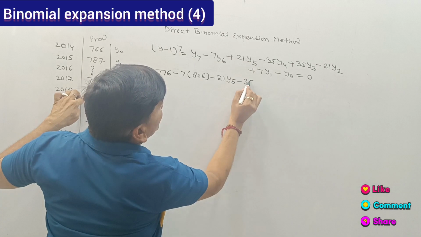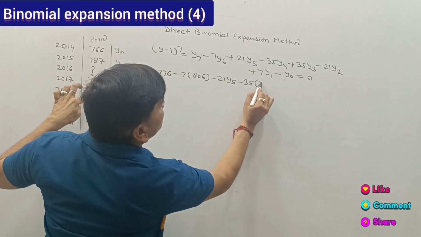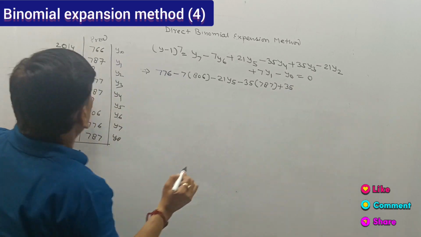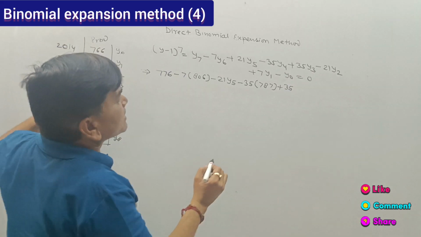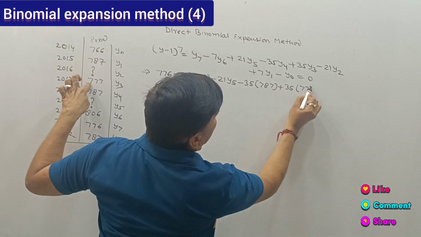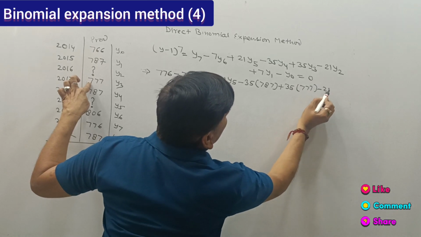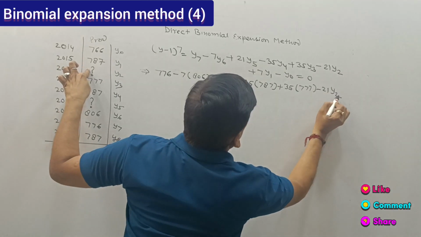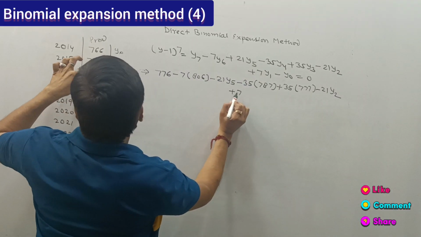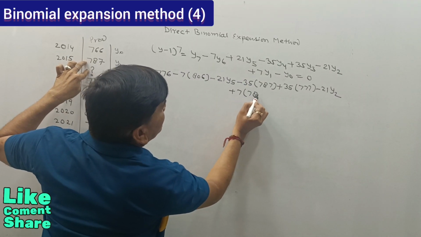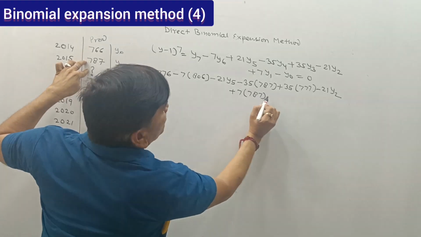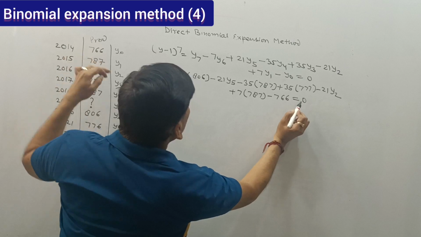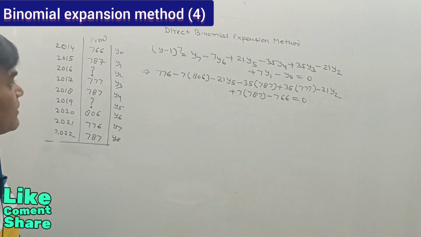Minus 35 times the y4 value, which is given, 787, plus 35 times the y3 value, which is also given, 777, minus 21y2, whose value is not given, plus 7 times the y1 value, which is given, 787, minus the y0 value, which is given, 766. So putting in these values, we will get the equation.